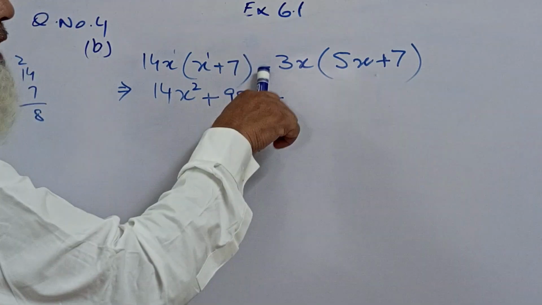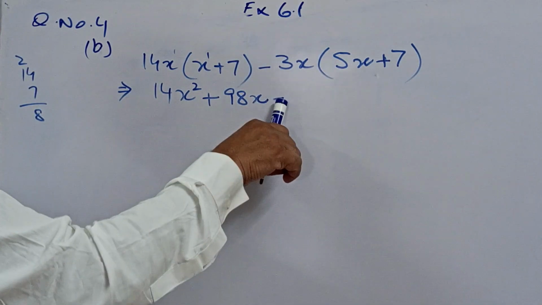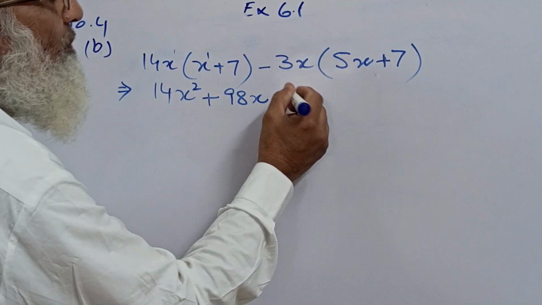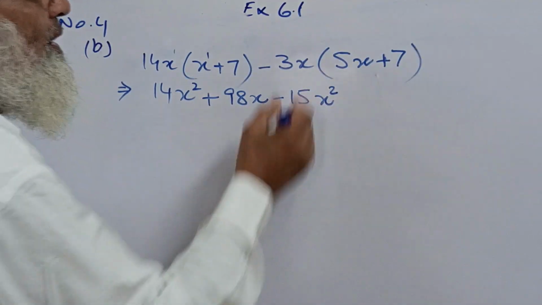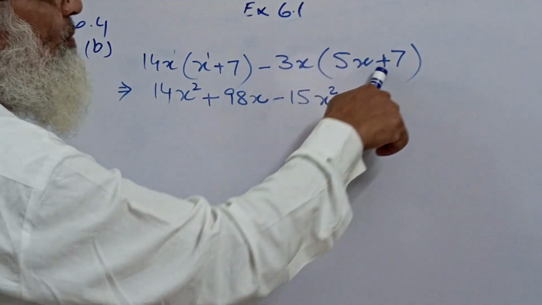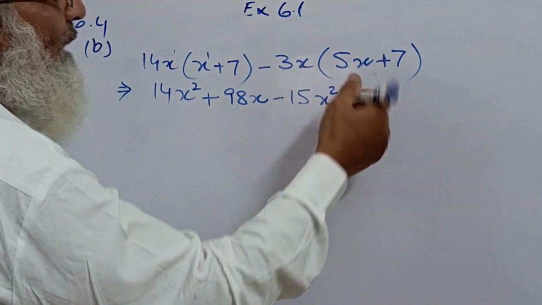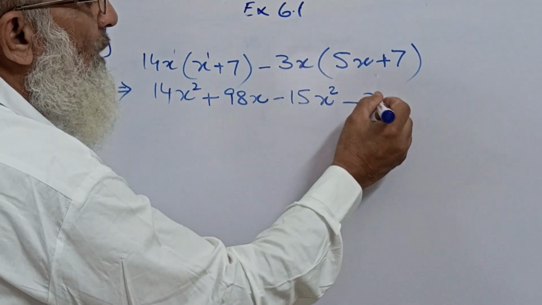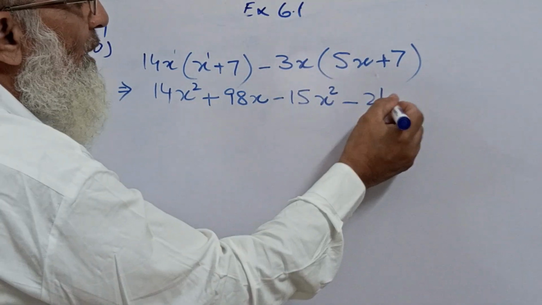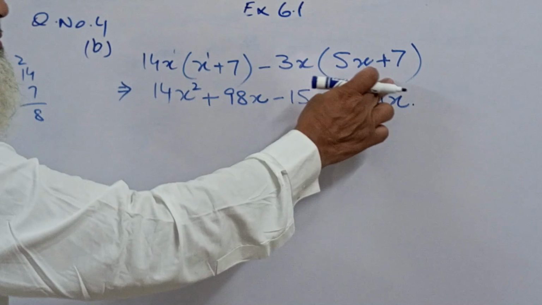Again, minus times plus, 3 times 5 is 15, x times x is x square, and minus times minus is plus, 3 times 7 is 21, and x will remain as it is.